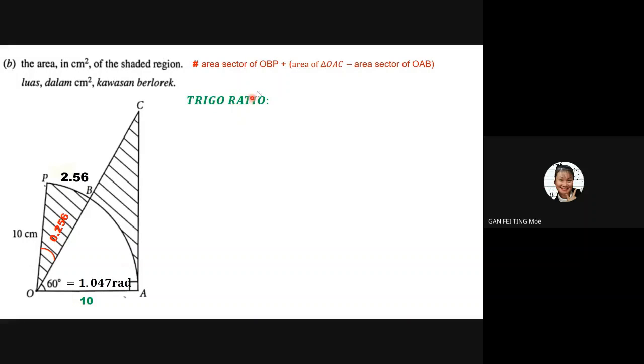Before OBP, I want to go for the trigo ratio. What am I looking for? Okay, let's continue to see tangent 60. This is 60 degree. I try to look for the height for AC.